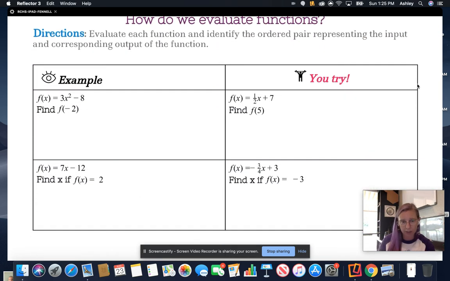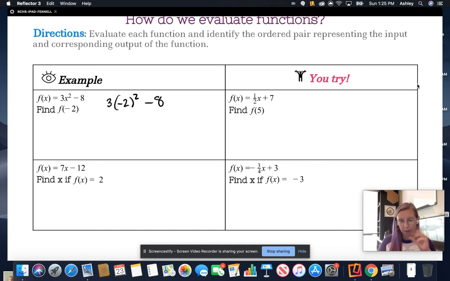All right, now let's practice function notation. Give this a shot. So our first example, we are trying to find f of -2. So again, that means what is the value of y when x is -2? So I'm going to plug in -2 for x. 3 times (-2) squared. Make sure you put that -2 in parentheses. You're squaring that whole value. That's going to make it a positive, minus 8.